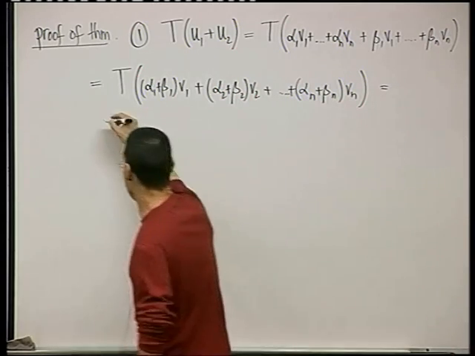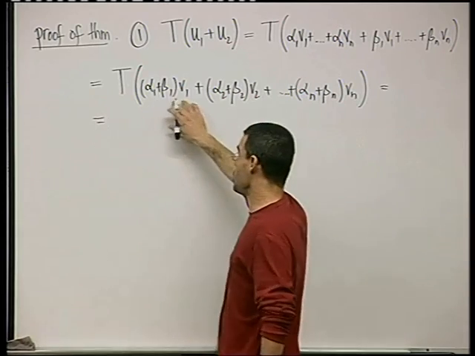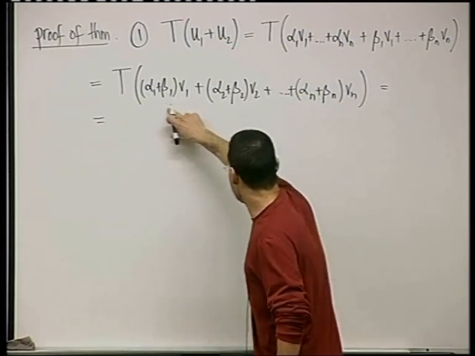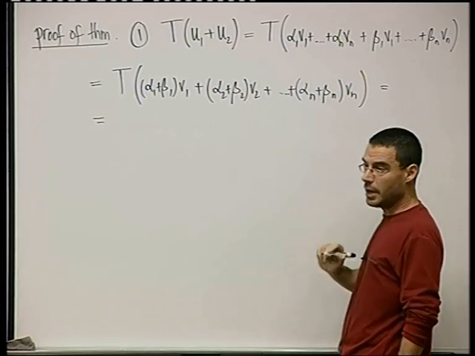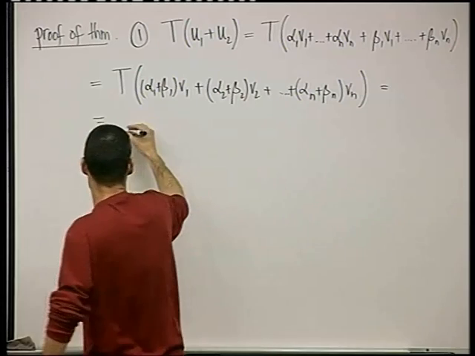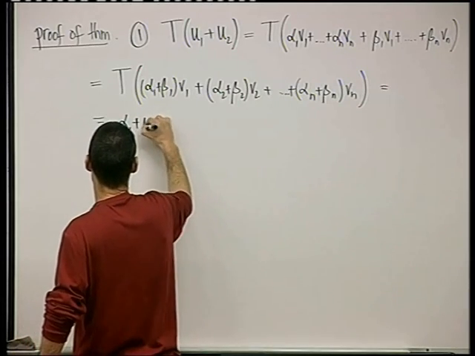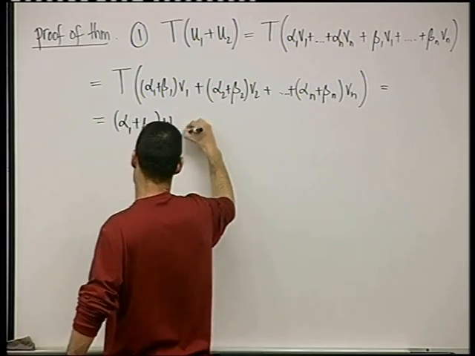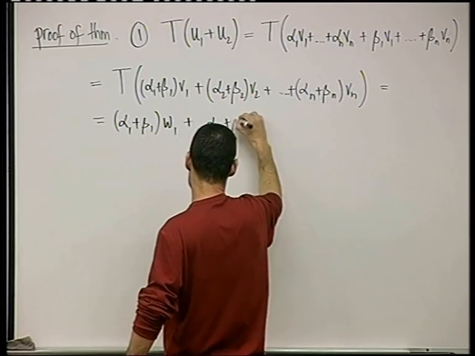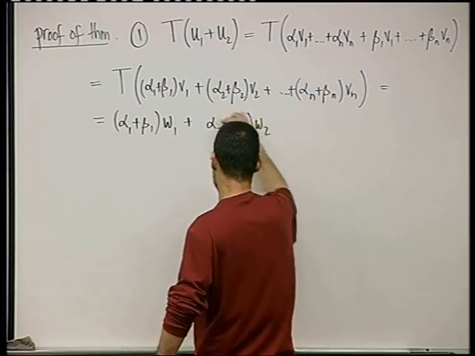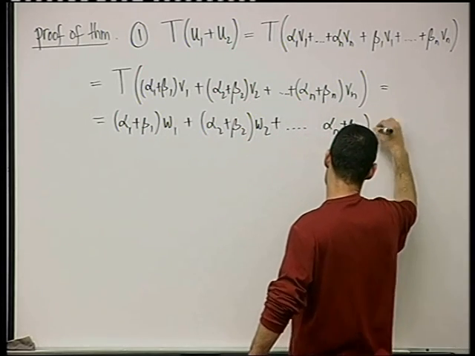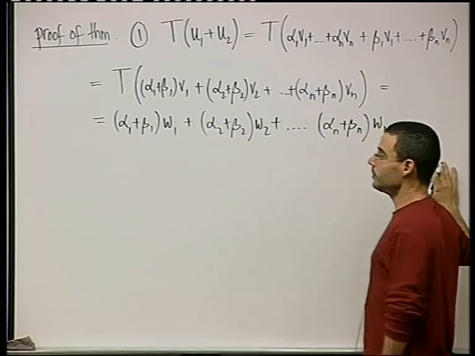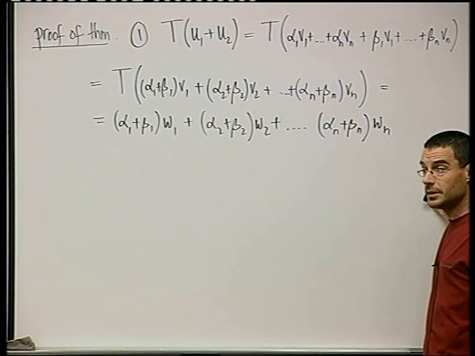T is defined by sending each linear combination like this to the exact same linear combination of the w's. So by definition of T, this equals (alpha 1 plus beta 1) w1 plus (alpha 2 plus beta 2) w2 plus dot dot dot (alpha n plus beta n) wn. That's the definition of T. Right? Okay.